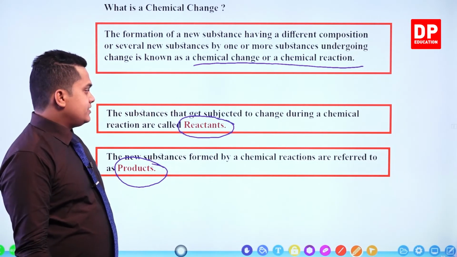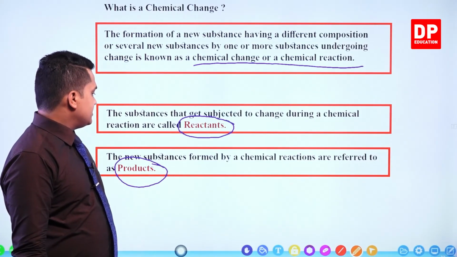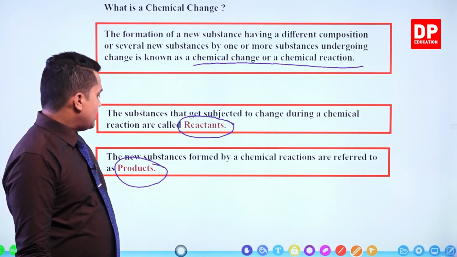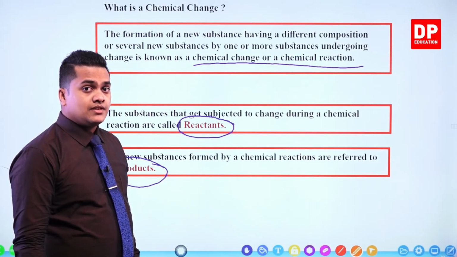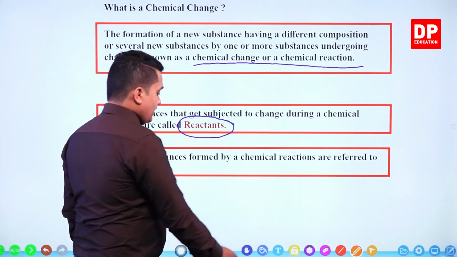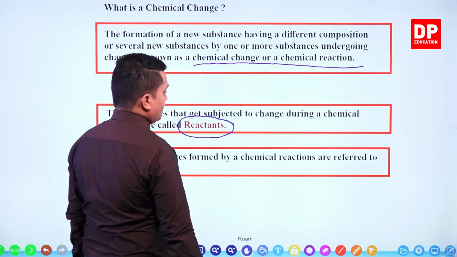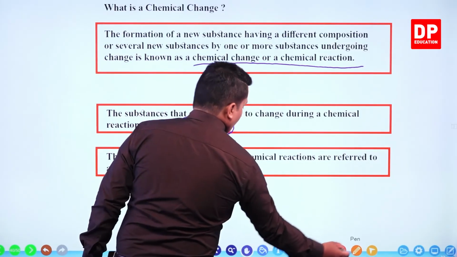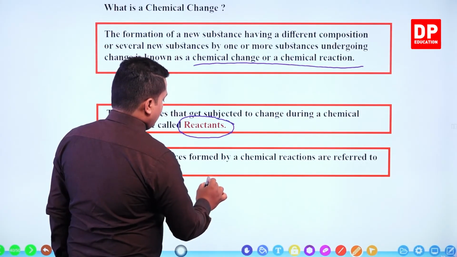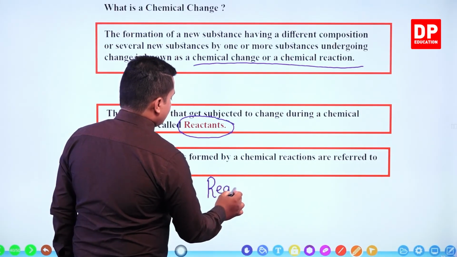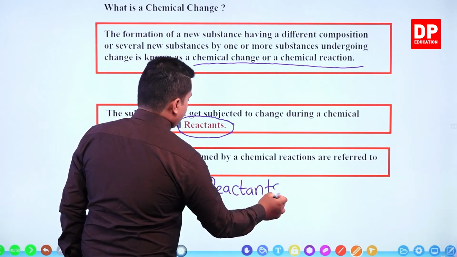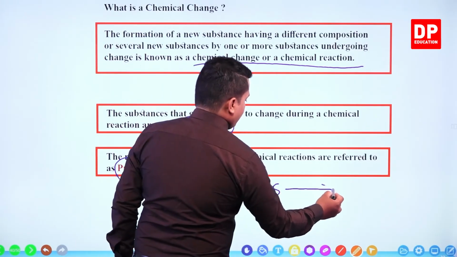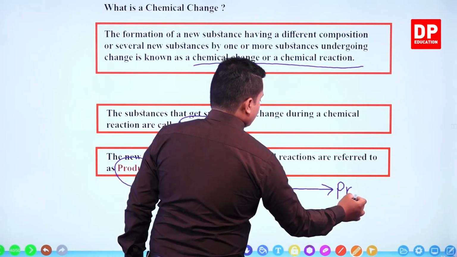After chemical reactions, the new substances which are created are called products. So if you take a certain type of chemical reaction, initial substances, meaning reactants, are getting converted to products.